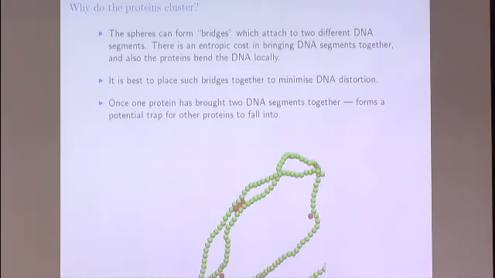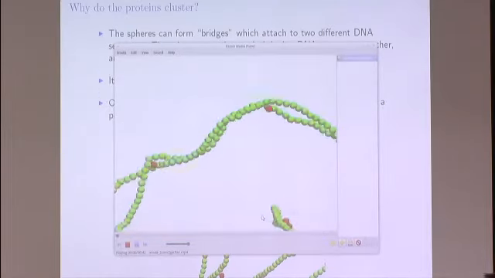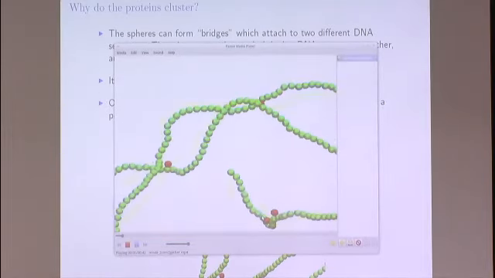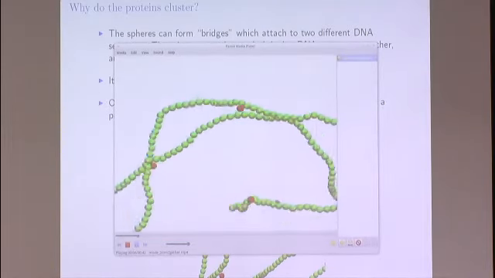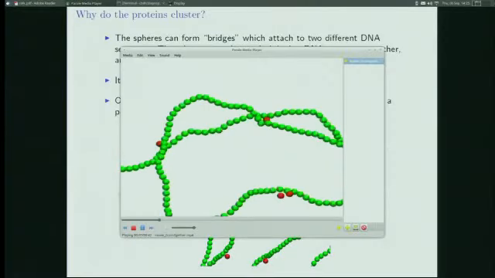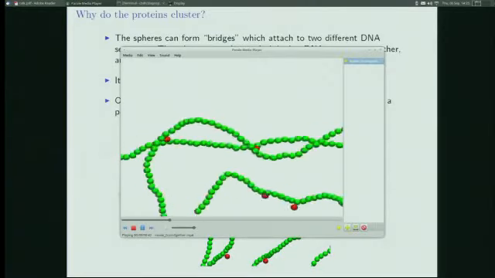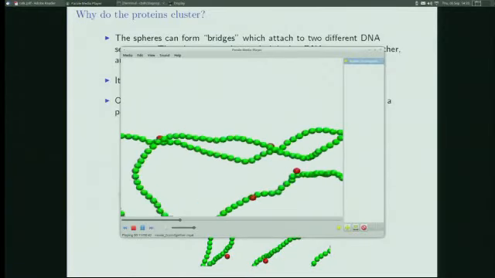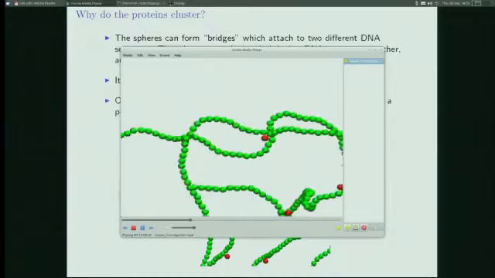And also, once one protein has brought two pieces of DNA together, then that leaves a nice gap, the DNA is just the right separation for another protein to move into that gap. And I've got another little video here just showing this. So you see at the start there are two proteins which have brought these two bits of DNA together, and the thermal fluctuations are pushing them together just because the different strands of DNA want to move apart.